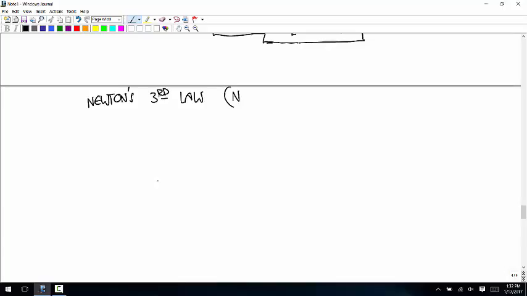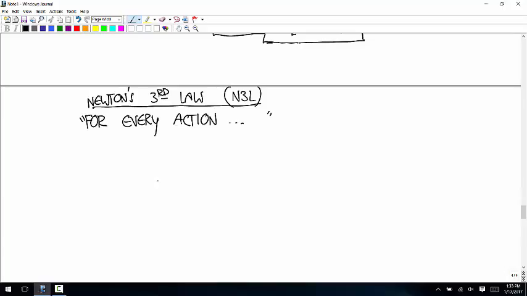I'll abbreviate that N3L. Newton's third law is the one that says for every action there's an equal and opposite reaction. Mathematically, that's not a very helpful way to describe it.